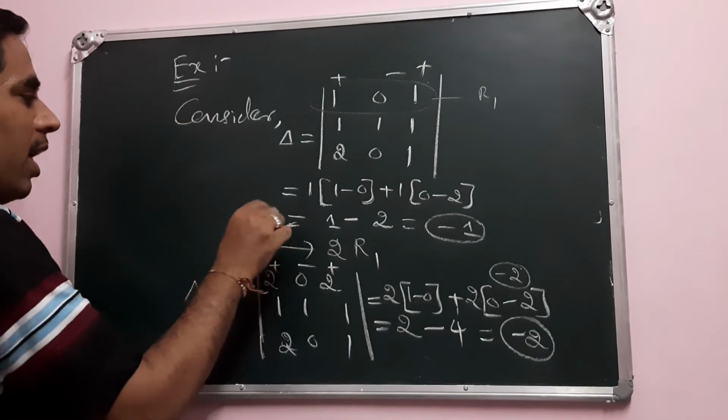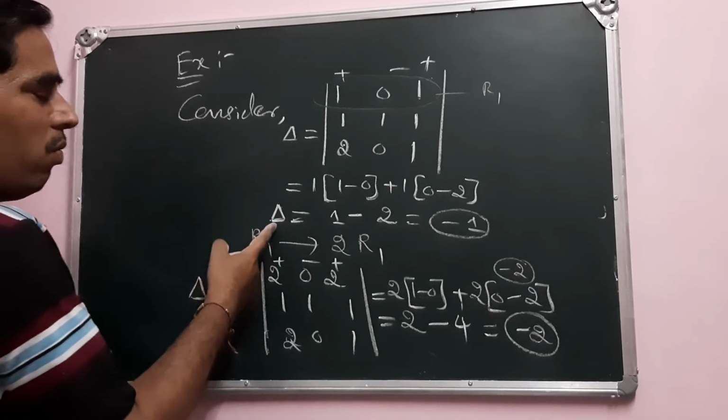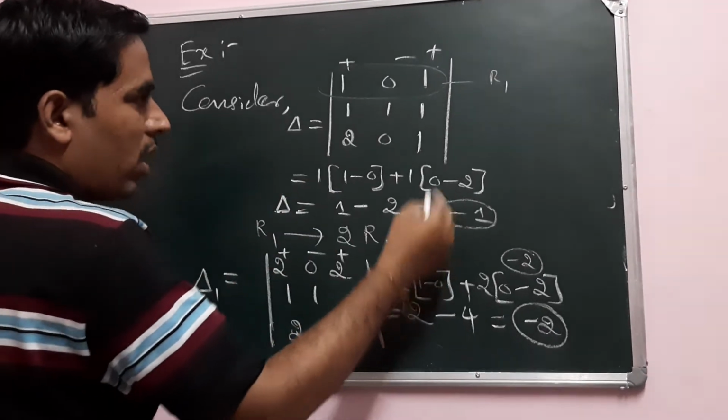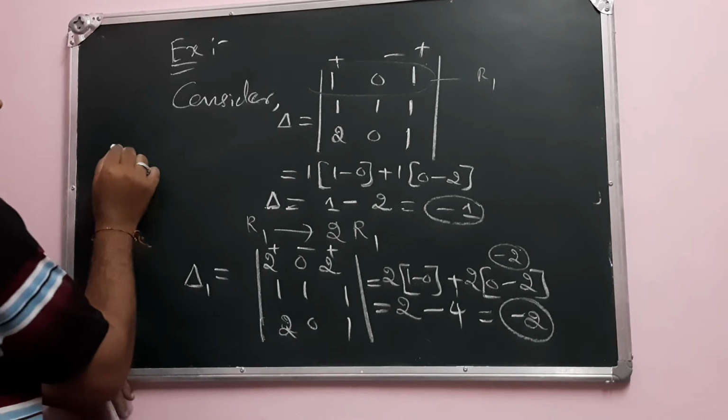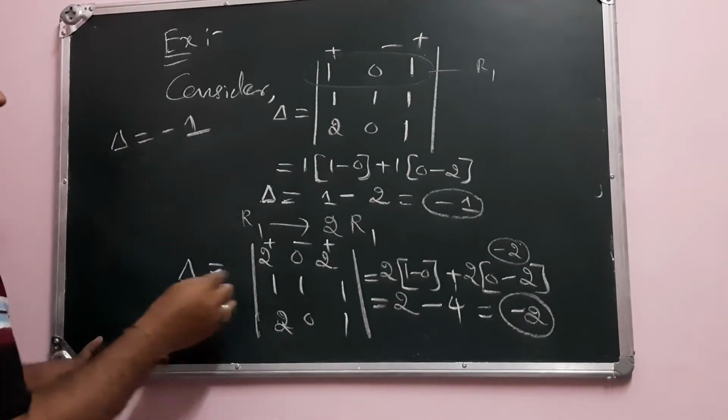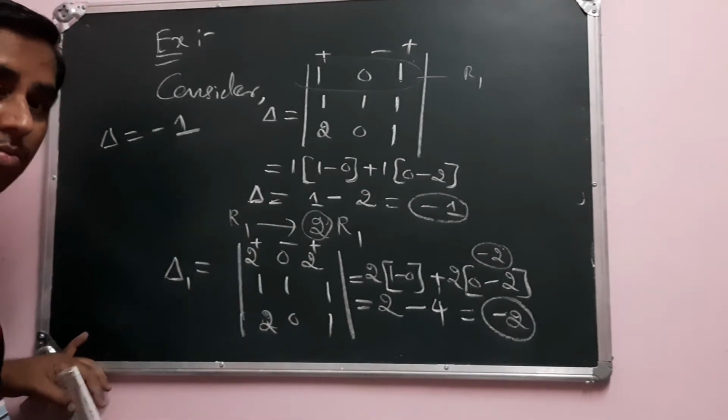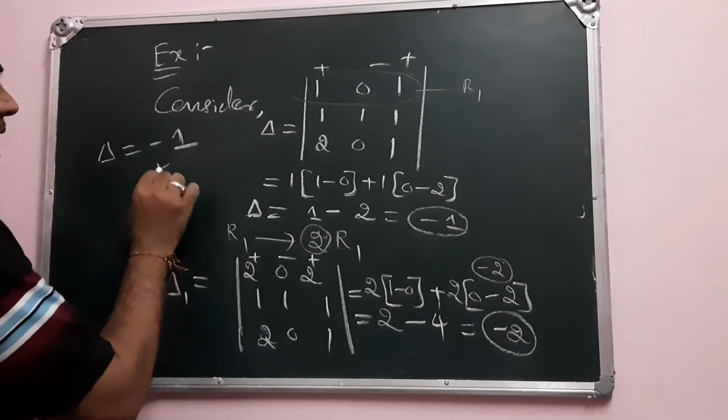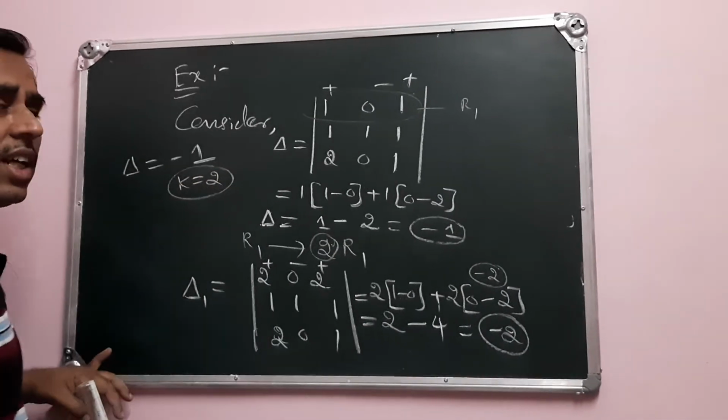See, the value of this determinant was minus 1. I have multiplied by 2. Here k is the scalar, and I have taken it as 2.